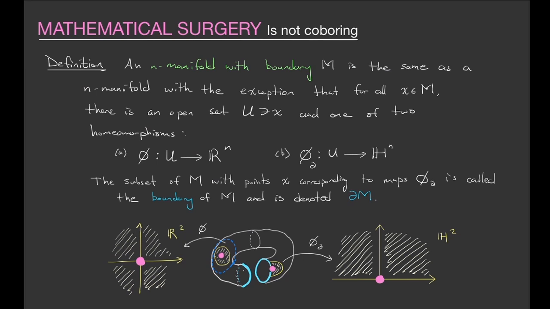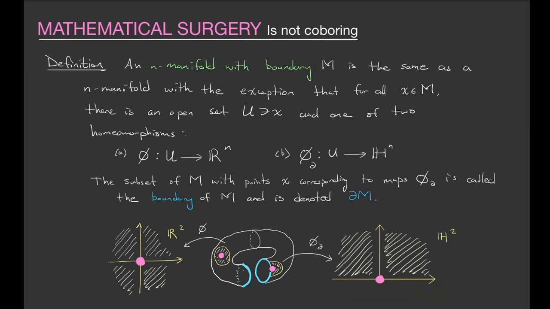However, on this cut torus, if we look at a point here on this kind of edge, as it were, we can't map that into R2 because it's somewhat cut off. So what we do is we say we map that neighborhood into H2, which is just like R2, except we cut off this axis here. And we can see that the neighborhood around here looks like it's kind of cut off, just like in H2.